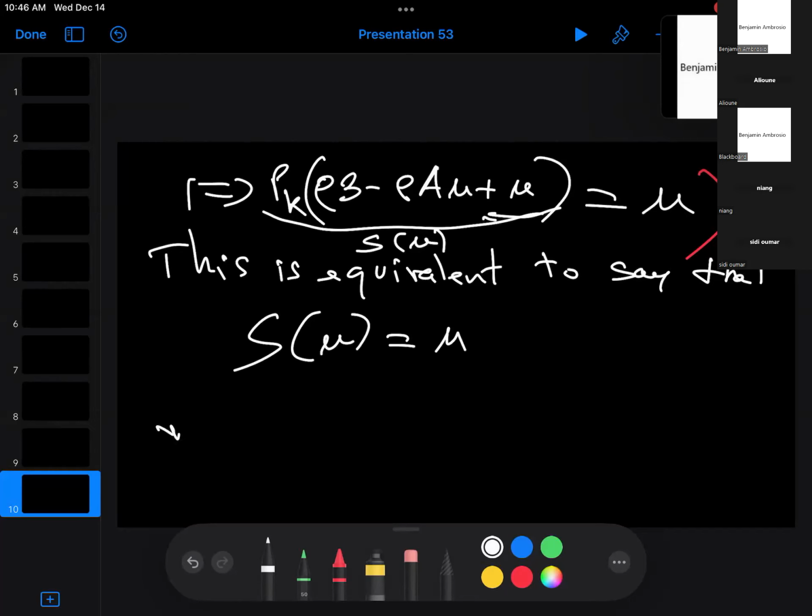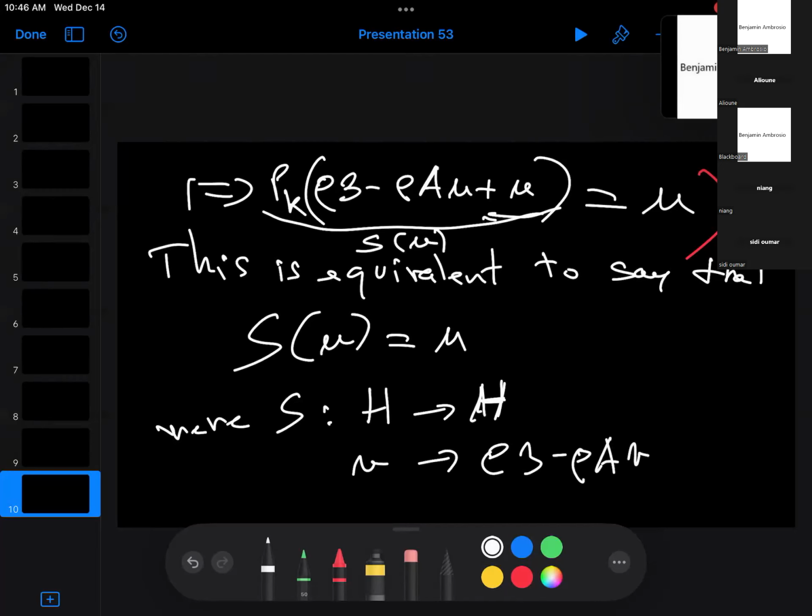So where S goes from H to K, and at v it maps the projection on K of rho z minus rho A v plus v.